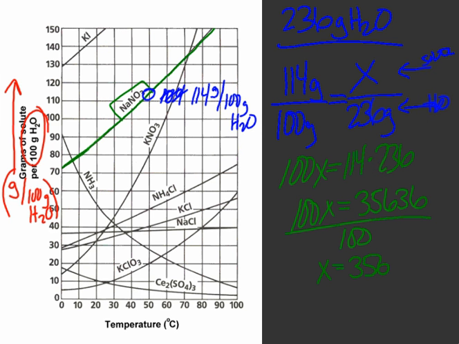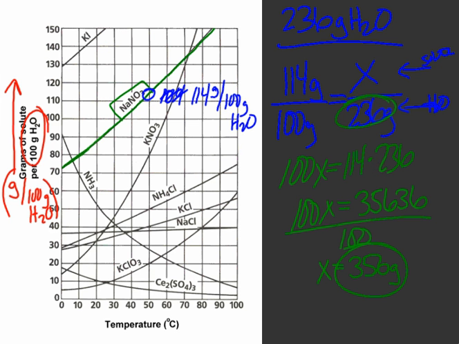For right now, when it comes to solubility curves, you may ignore the rules of significant figures and just round to the ones place. So this was 356.36. Just go ahead and leave it as 356 grams. Which, of course, means in 236 grams of water, I can dissolve up to 356 grams of the solute to make a saturated solution.